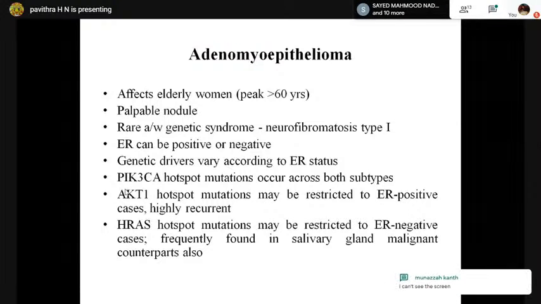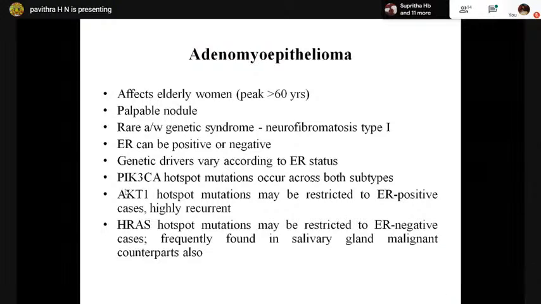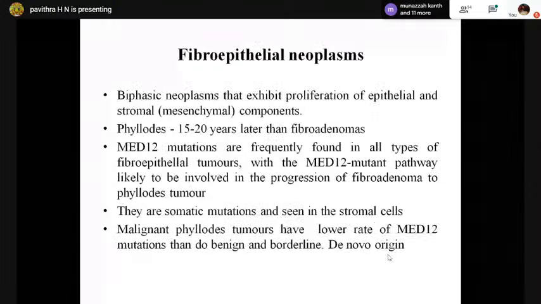So in Phyllodes tumor, usually they occur like 10 to 20 years later than the fibroadenomas. And MED12 mutations are frequently found in all types of fibroepithelial tumors. This MED12 mutation pathway is likely to be involved in the progression of fibroadenoma to Phyllodes tumor.